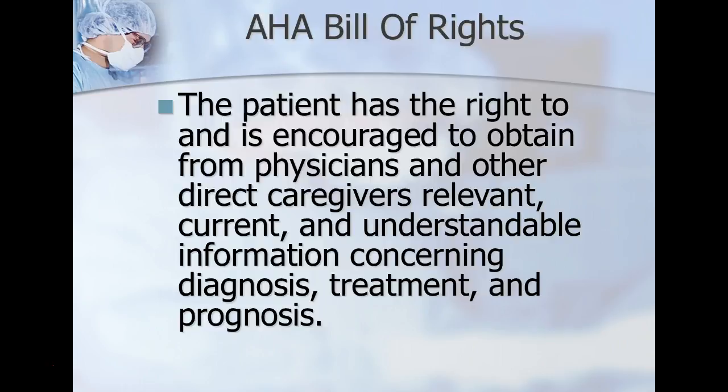That's something else that was added, saying that not only do you have the right to all those other things, but you also have the right to receive that information about what's going on with you. And you have the right to expect that it's going to be current, relevant, and in a way that you can understand it, not spoken in medical jargon that you don't understand. So that was a change as well.